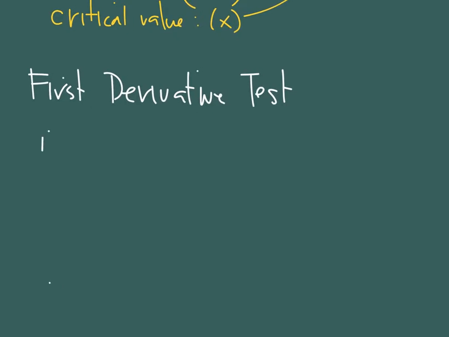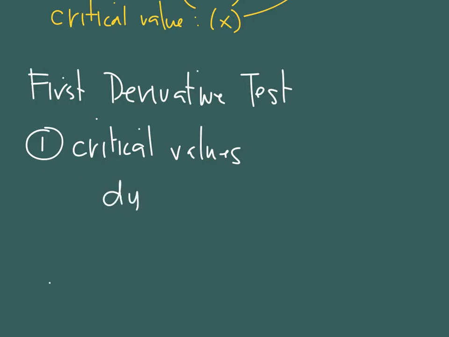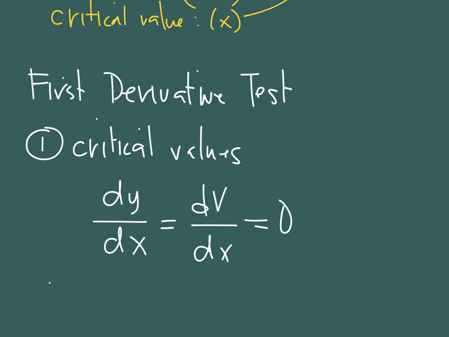Number one, you have to find the critical values. The critical values will be the candidates for the x that could possibly give us the maximum volume. And to find the critical values, we need to find the derivative of the function, in this case, the derivative of the volume, dv over dx, and we want to find those x that will make this 0.